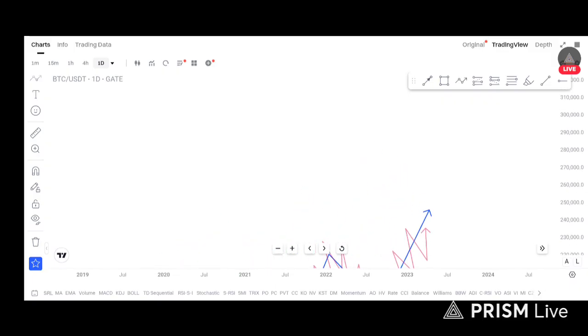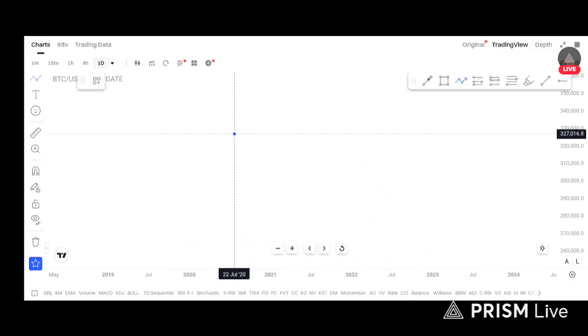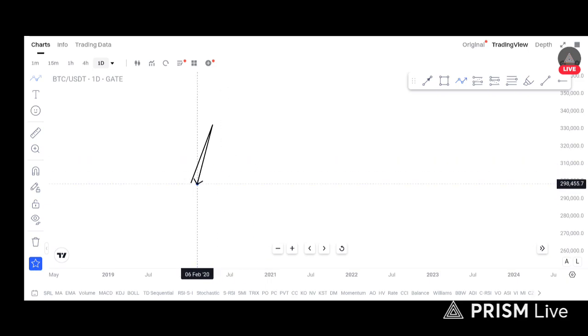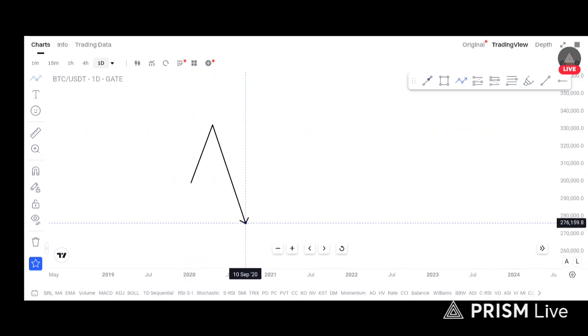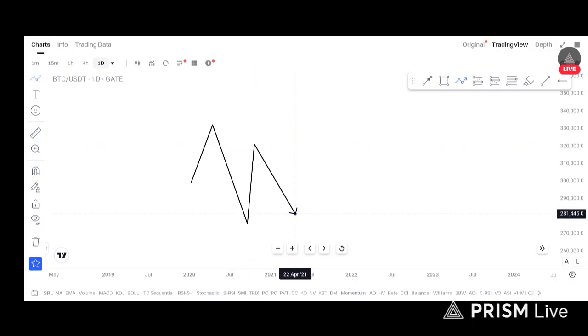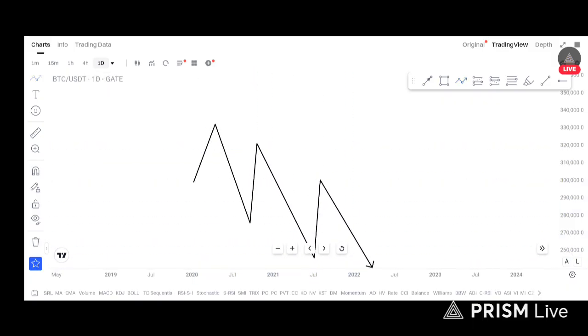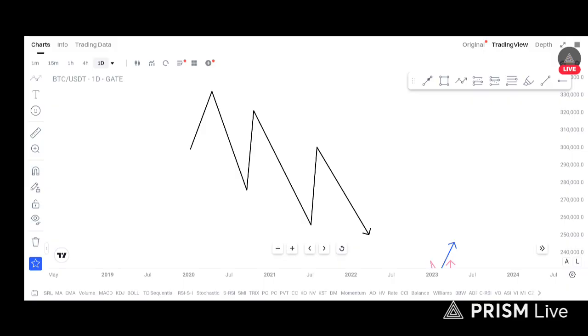Okay, let's start afresh. Let's use a downtrend. This is a continuation, this is a pullback, and this is the continuation. Pullback, continuation, pullback, continuation. Remember, let's say this is a daily time frame. What do you think will be happening if you step down to the 4-hour time frame?